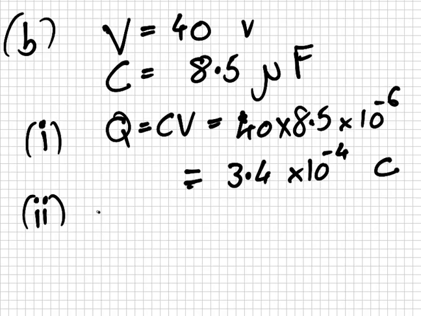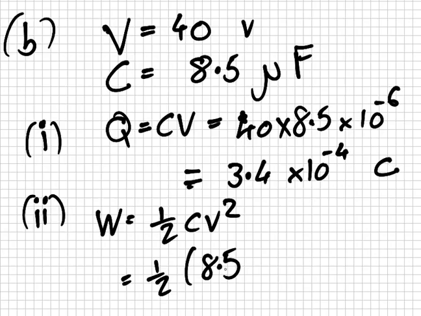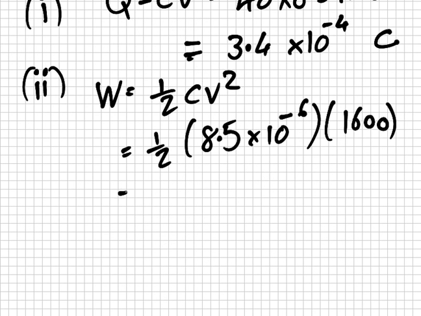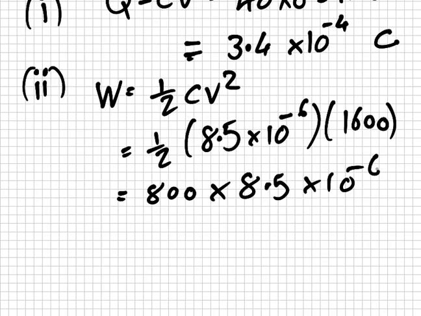The energy is a half CV squared, so that's a half by 8.5 times 10 to the minus 6 times 40 squared, which is 1600. So that's going to be 800 by 8.5 by 10 to the minus 6.